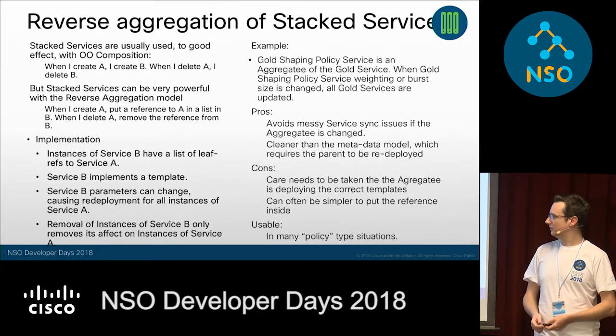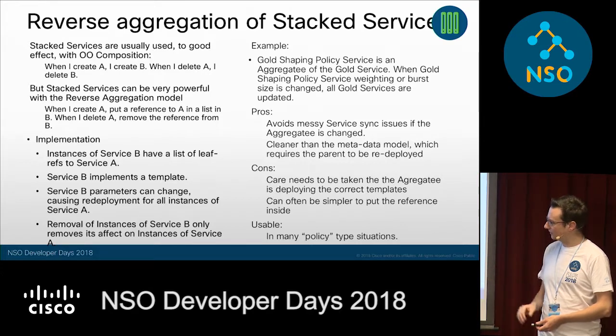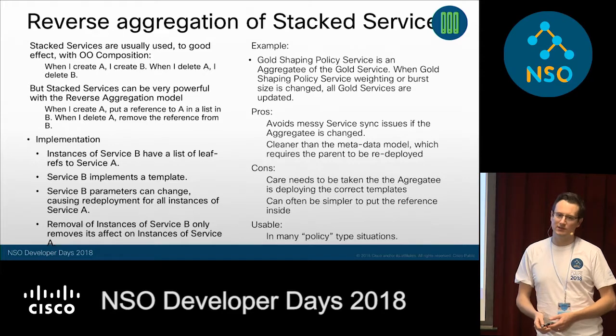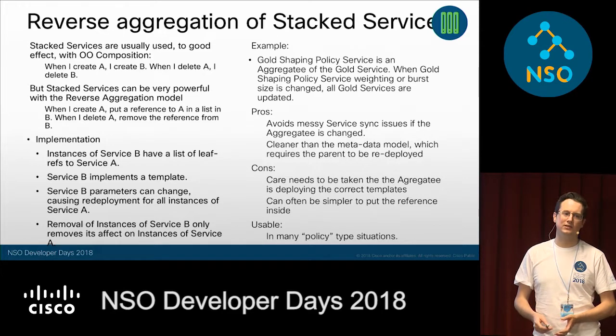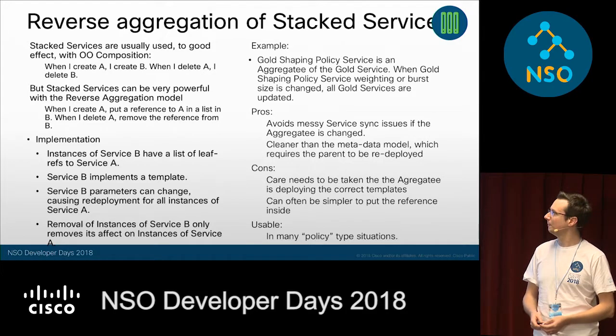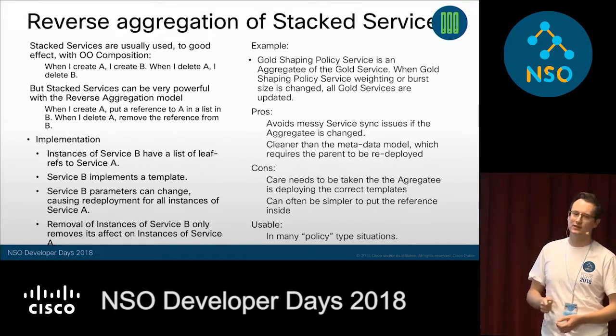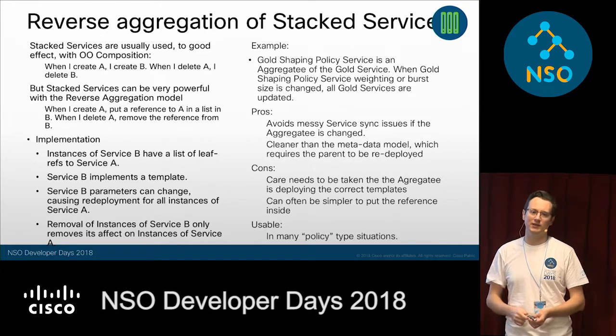But yeah, you need to be careful with this. Yeah, we've used this a few times now. It makes a lot of sense for those kind of policy objects. As I mentioned, gold shaping policy, it needs to be standard across all PEs.